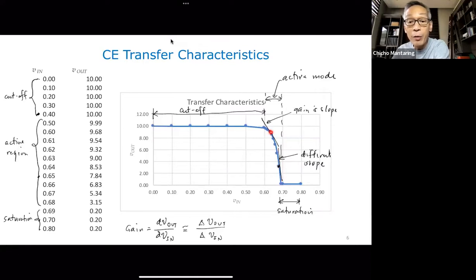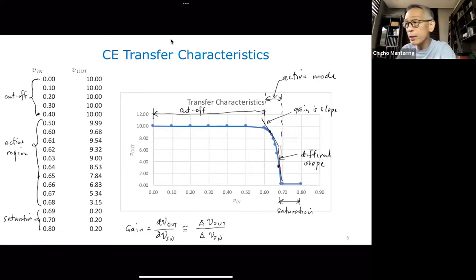Of course, as a rule of thumb, usually you want to choose an operating point somewhere in the middle because it will give you the maximum possible input voltage swing. Remember, that's one of the criteria for choosing an operating point. But if your input does not change by that much, so that for example, if you choose this as your operating point, your input does not change so much that it will go to saturation right away, then you might want to choose this point because it has a very high gain. So that's a possible criterion.